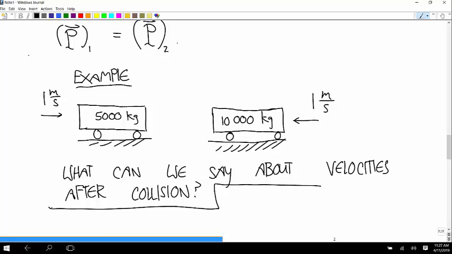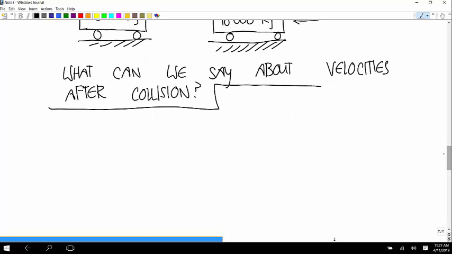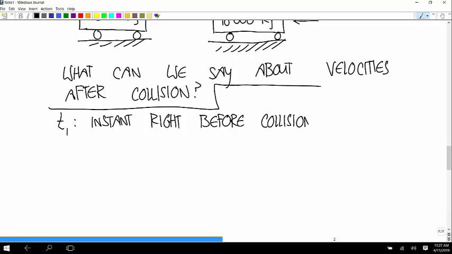So we'll make our T1 the instant right before the collision, and our instant T2 will be the instant right after the collision.